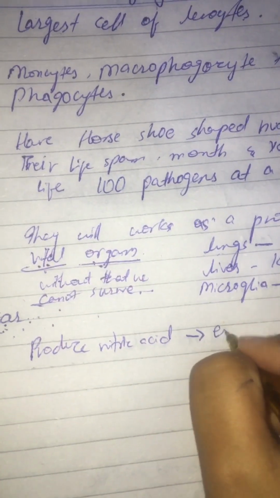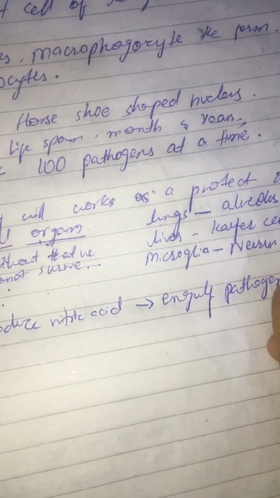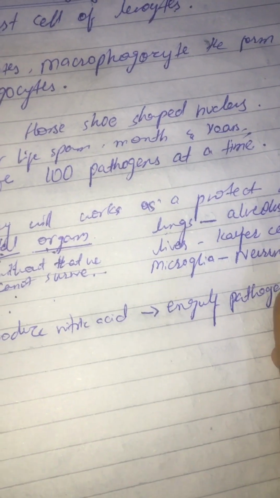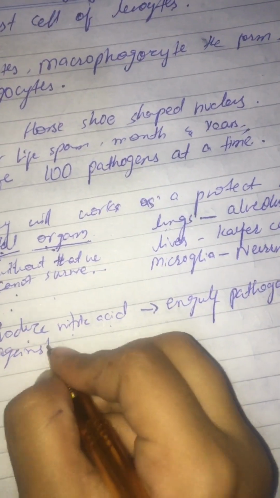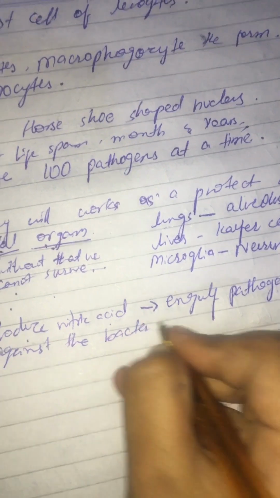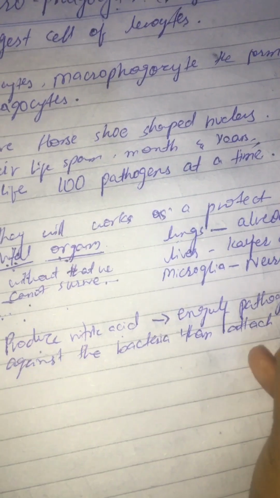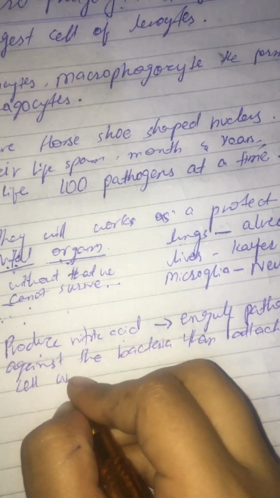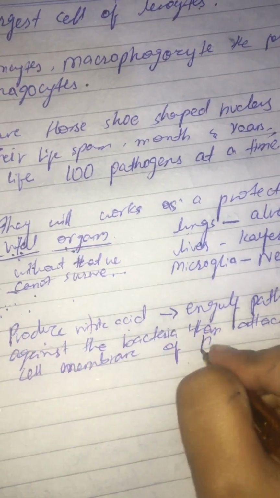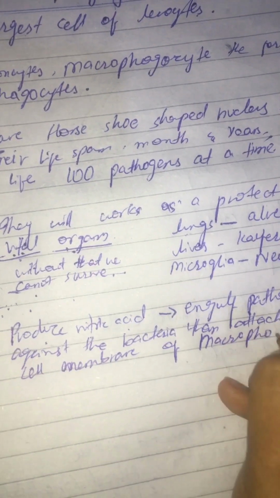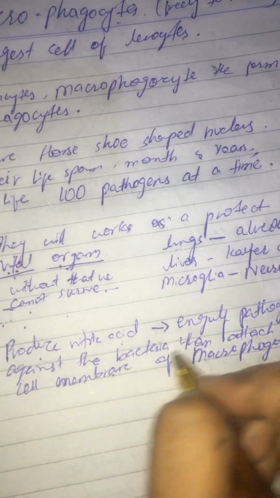So this will engulf the pathogen which produces nitric acid against the bacteria, and then that will attach with the cell membrane of the macrophagocytes. So the macrophagocytes will allow that to attach with the cell membrane.